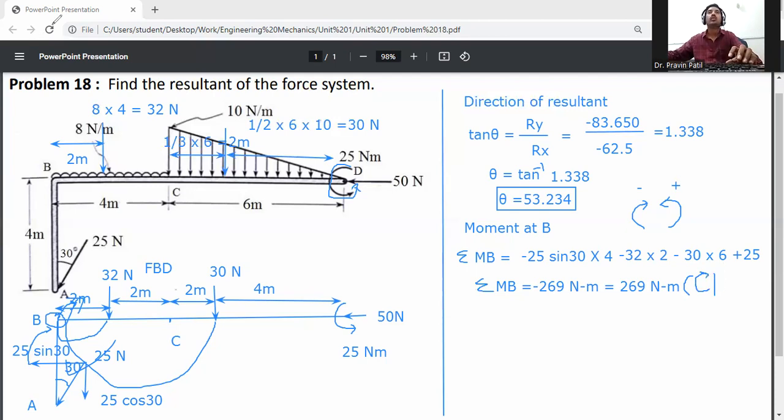Now, the location of resultant. For that, apply Varignon's theorem.